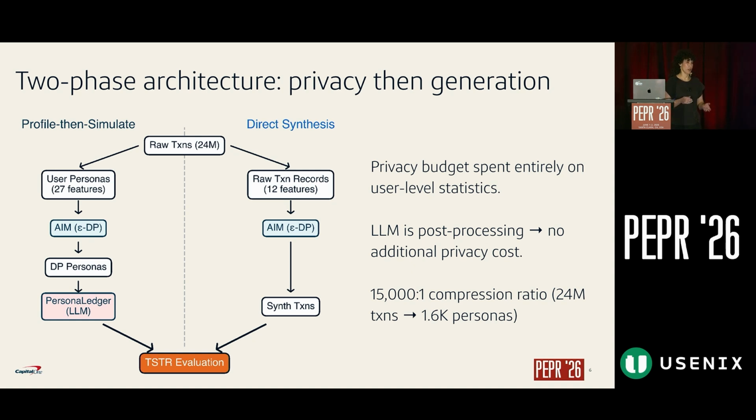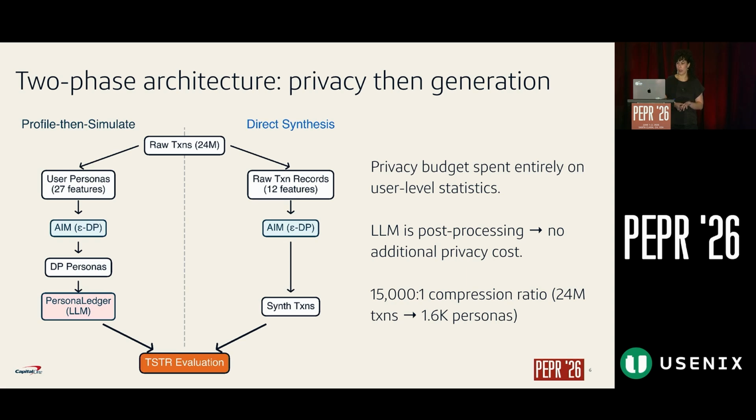Then we passed it to PersonaLedger. PersonaLedger is an LLM-based transaction simulator that some of our colleagues at Capital One built. It's a Llama 3.3 70B model in a closed loop with a rule-grounded engine that enforces financial constraints like balance limits and payment schedules, because what we care about for transaction data is making sure it's realistic.